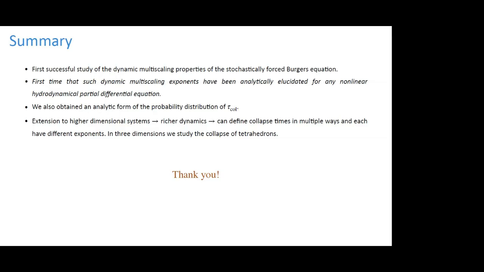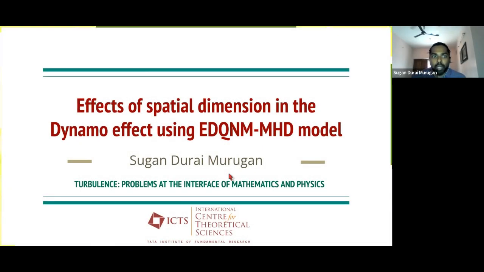Okay. All right, thanks. So, hi everyone. I'm Sugan, a final year PhD student working with Samriddhi. I work in the area of turbulence, and thank you for giving me this wonderful opportunity to give a short talk on my current work.